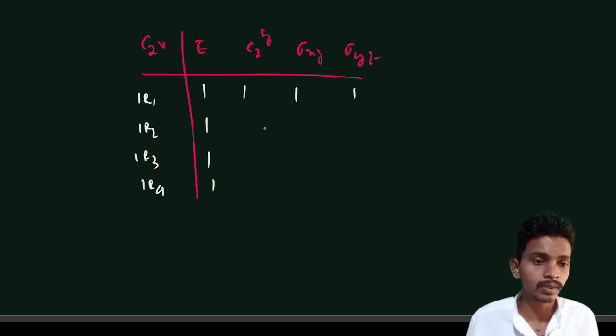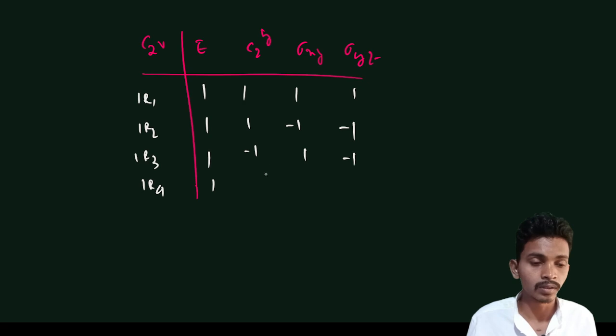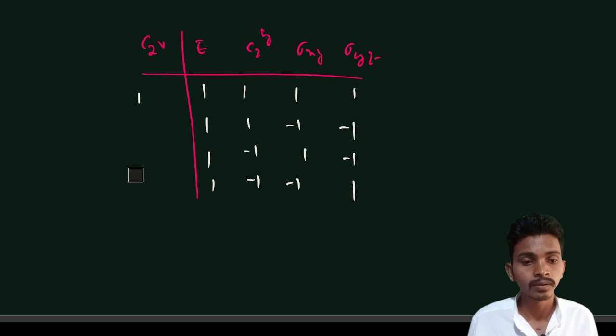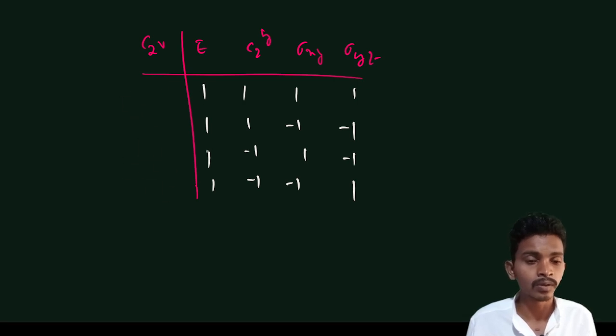Likewise, I put 1, then minus 1, minus 1, and then minus 1, 1, minus 1, 1, then I have to put minus 1, 1. So these values are always A or B, and this is 1, so here A, and here also A, and this is minus, the B, the B.